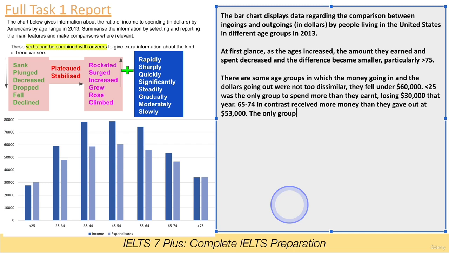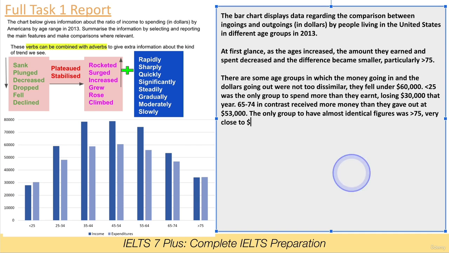The only group to have almost identical figures was over 75. About 34,000?